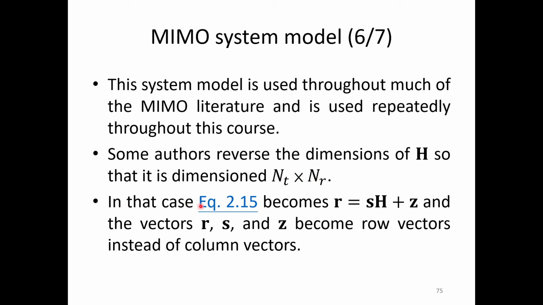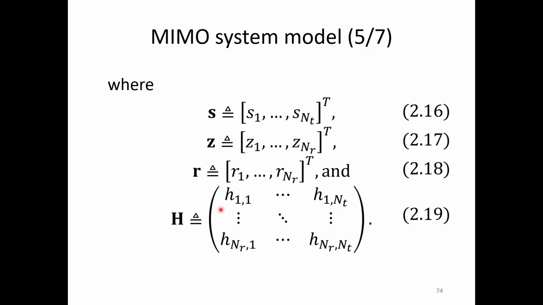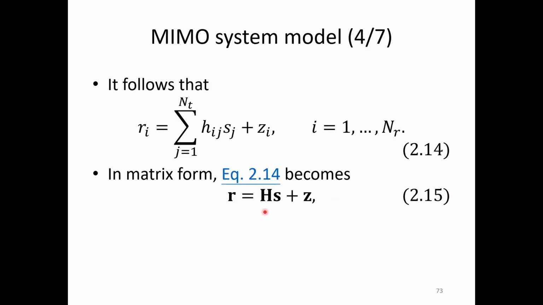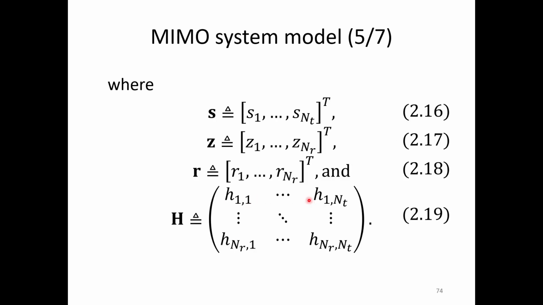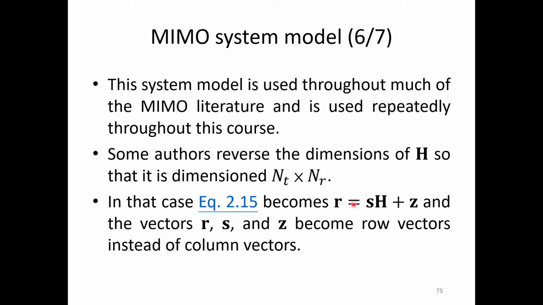In that case, equation 2.15, R is equal to H times S plus Z, becomes R is equal to S times H plus Z, and the vectors R, S, and Z become row vectors instead of column vectors.